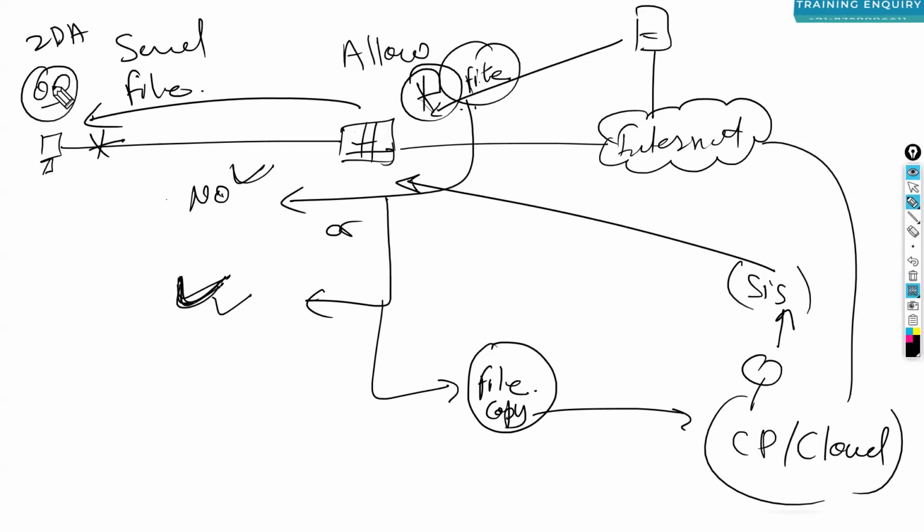But when your client goes down and you have submitted the file to the cloud, the cloud will generate a signature. That signature will go to other Checkpoint firewalls as well. If the same attack happens there, they already have the signature, so they will stop that attack when it tries to enter their organization.